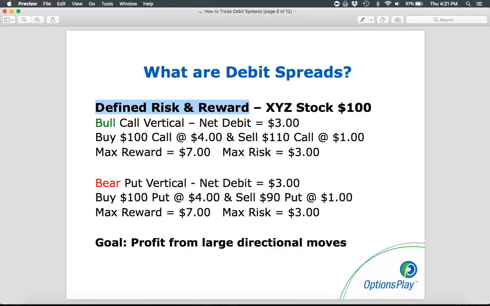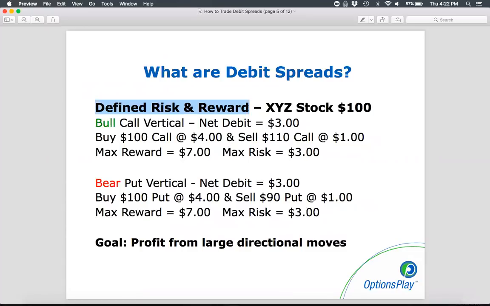If you know what your risk and rewards are, you're not shocked after you get into the trade. Unlike buying a call or a put, you don't really have a defined reward. You think it's going to go higher, but you don't know by how much and how it's going to affect your option price. You may not have a definitive target in mind either. When you're trading spreads, you have that defined risk and reward, so nothing is really a surprise to you.